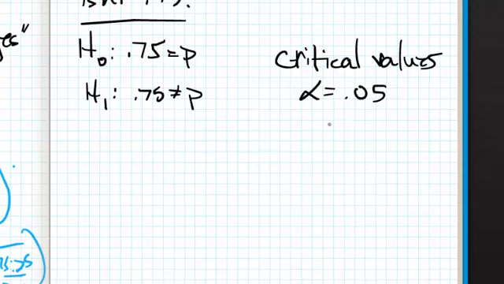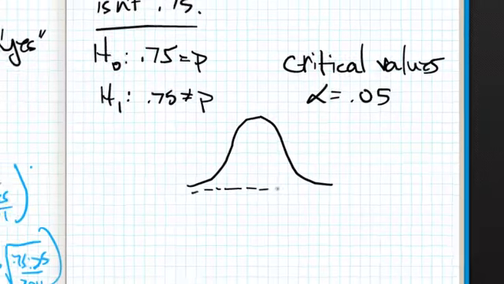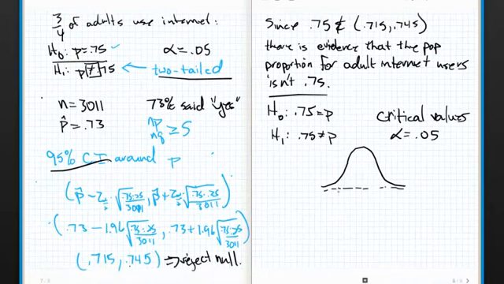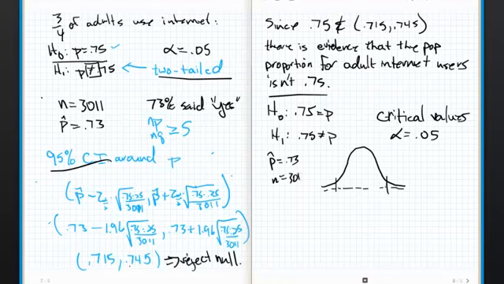Now, I know this is going to sound redundant because we already found, quote-unquote, the critical values, but watch how this works. 0.05 is kind of the allowable probability of failure, but what it really says is, remember, p hat equals 0.73 and n equals 3011. We are not going to let 0.73 drift far enough away from 0.75 that it ends up out here in crazy town.